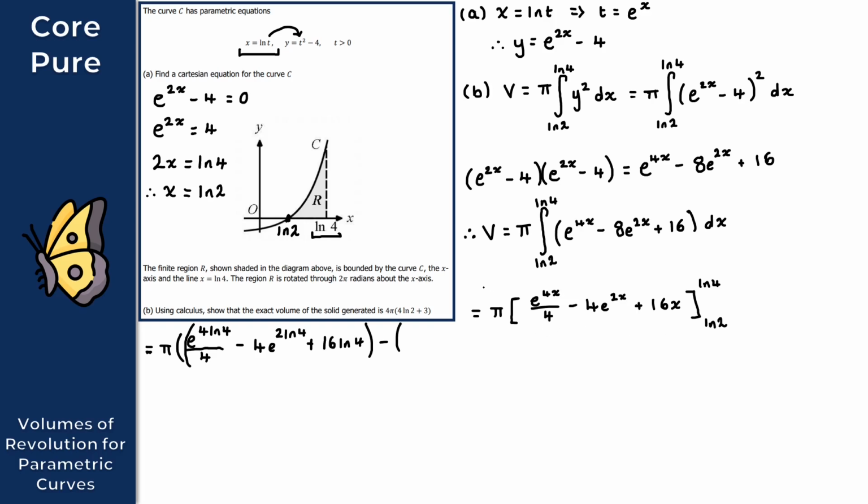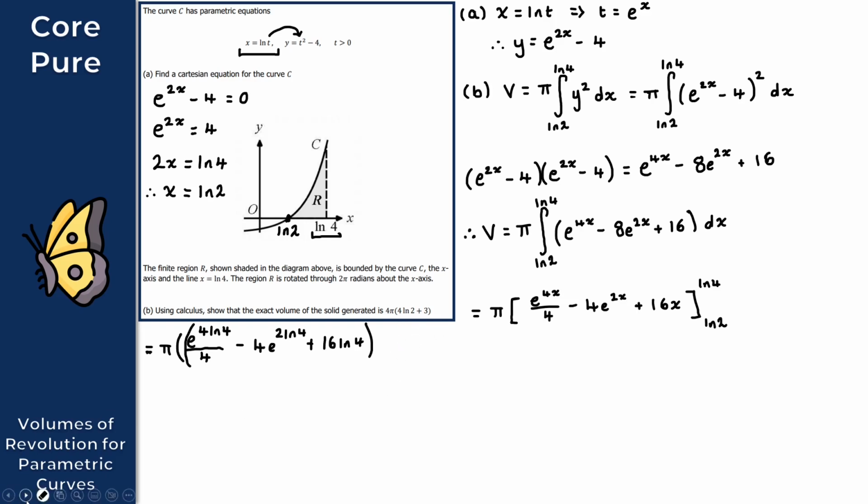So what do we get? I get e to the power of 4 ln 2, over 4. Right, straight away I can see I'm not going to have enough room here, so let me do it on the line underneath, just so I can separate these.